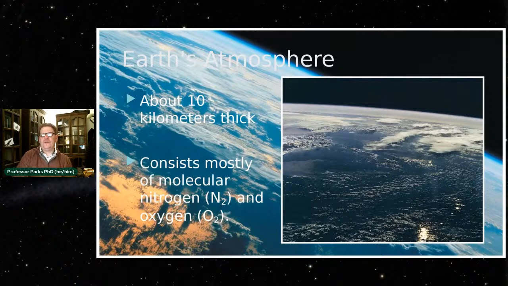Now, the Earth's atmosphere is around 10 kilometers thick, and again, when I say the atmosphere is 10 kilometers thick, really what I'm referring to is the troposphere. Really where all the action's at, where the weather is, everything that we care about.